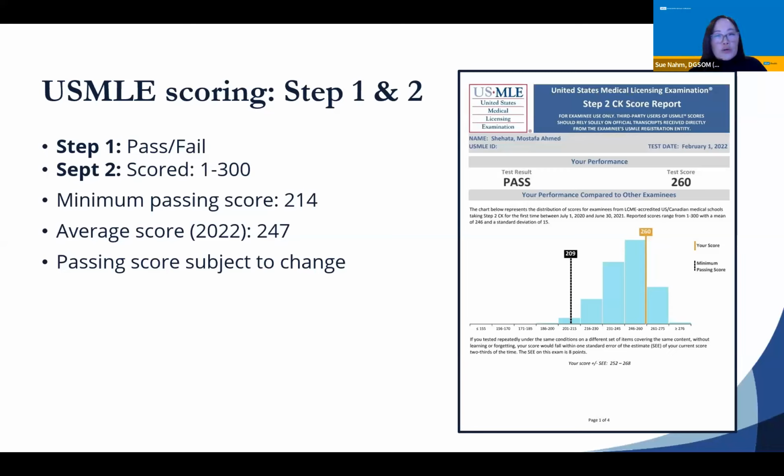And the average score in 2022 was a 247. So because the Step 1 exam is now scored pass-fail, many students have placed greater emphasis on their Step 2 CK performance, and there is some anticipation that residency programs may also place greater scrutiny than in years past on applicants' Step 2 CK exam scores.